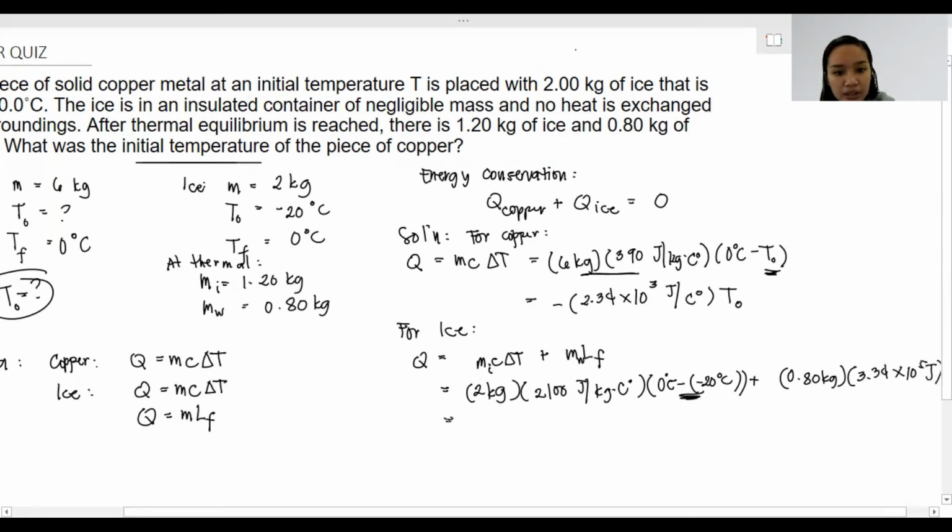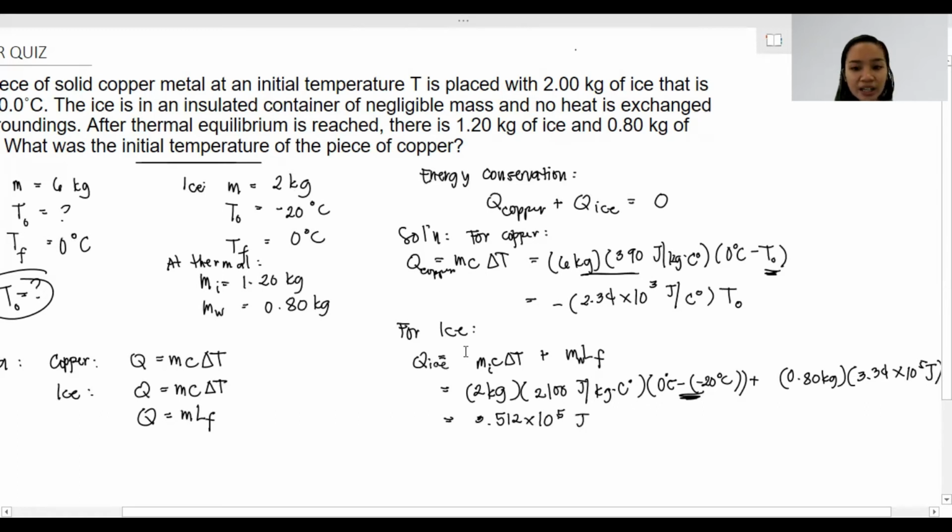So if you calculate this using your calculator, you will obtain 3.512 times 10 raised to 5 joules. Sorry, I forgot to write. This is Q copper. This is Q ice.